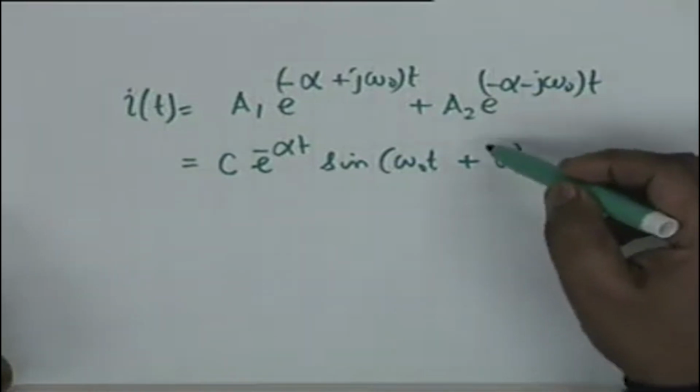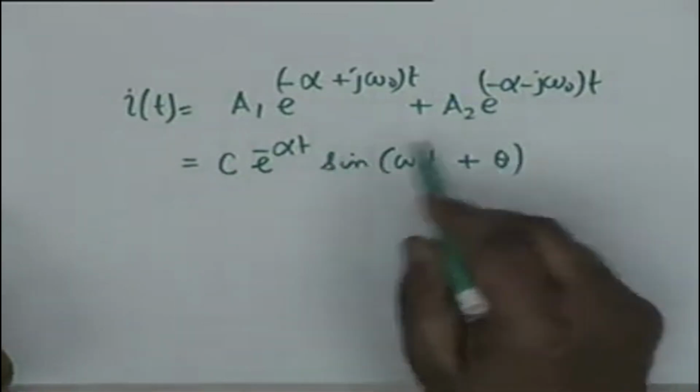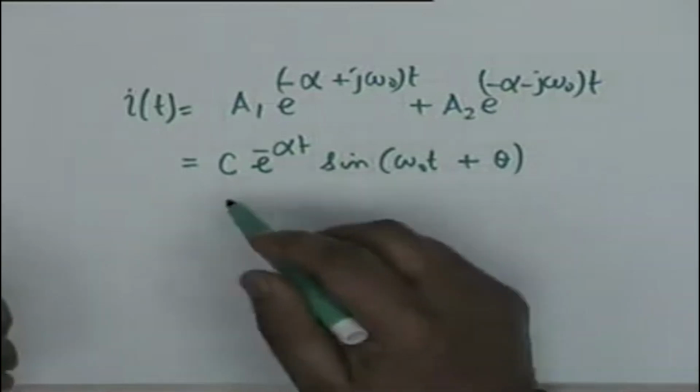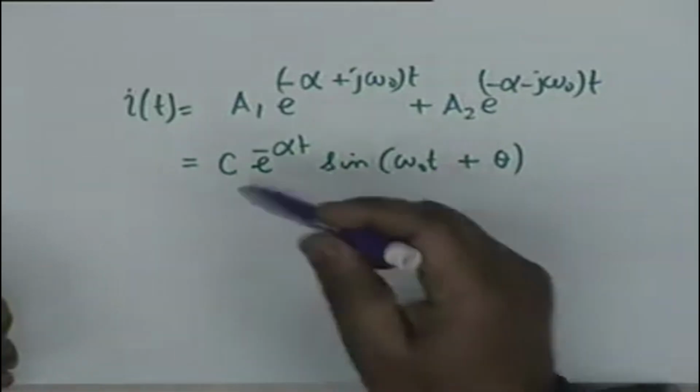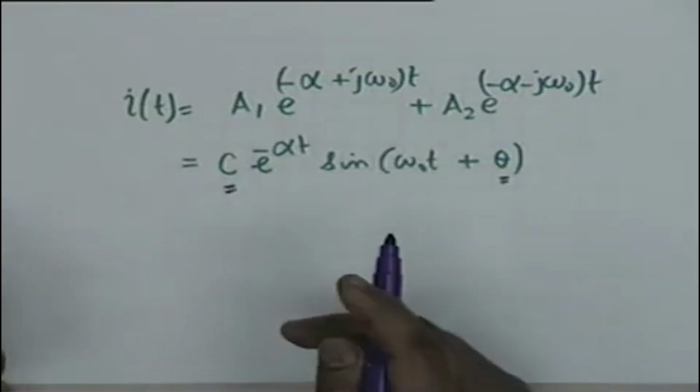I did these steps last time. Now you see the initial constants A1 and A2 have been replaced by modified constants C and theta, which have to be evaluated from the initial conditions.